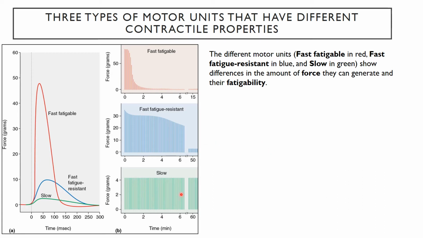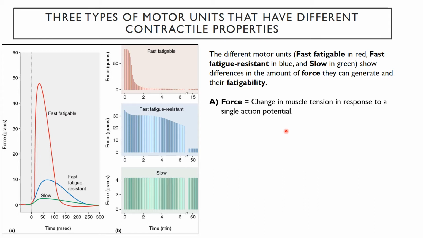So let's walk through them. First, to define a few aspects of what we're looking at here. When a muscle contracts, it is exerting force. It is pulling on tendons in order to move the bones in our skeleton.